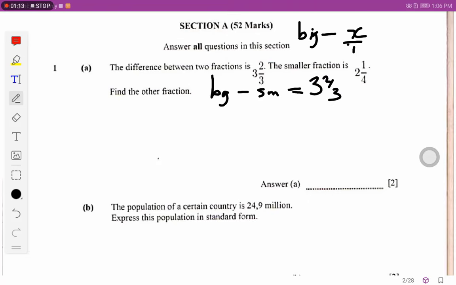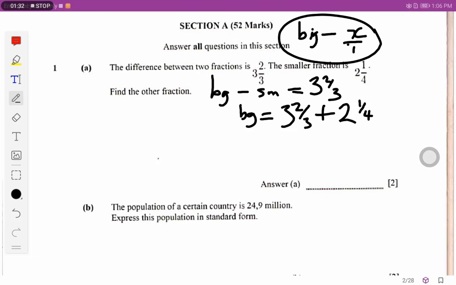So for us to get the bigger fraction, we can simply say our bigger fraction is equal to 3 and 2/3 plus our smaller fraction, which is 2 and 1/4. This was hypothetical.